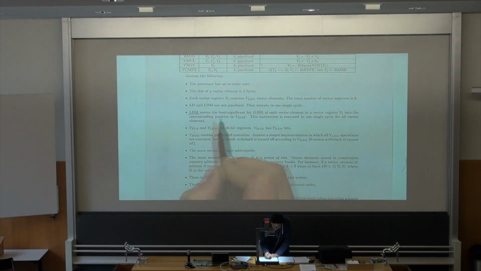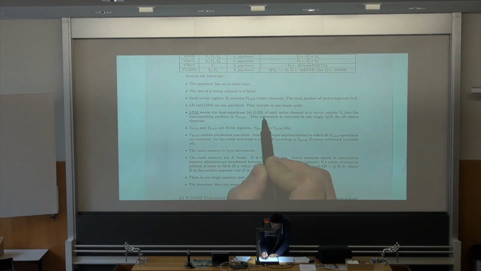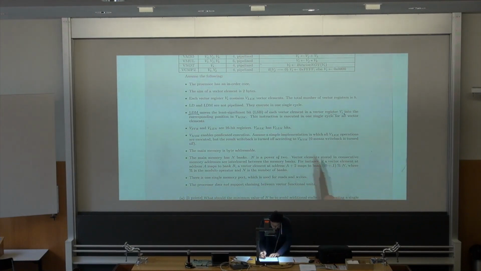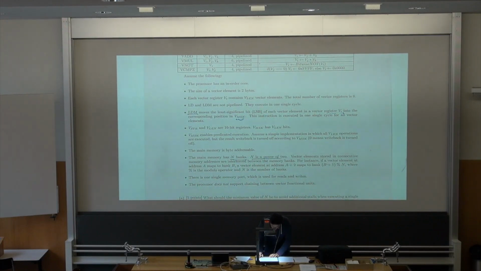It will load the least significant bit of a certain vector register for every single vector element into the corresponding position of the vector mask. It's also important to keep in mind that we have memory with n banks and that n is a power of 2.